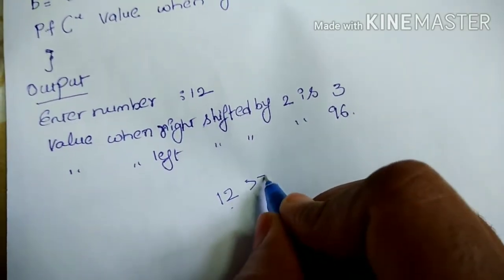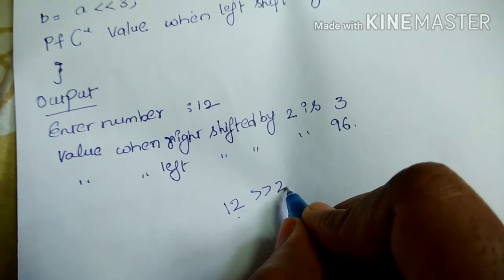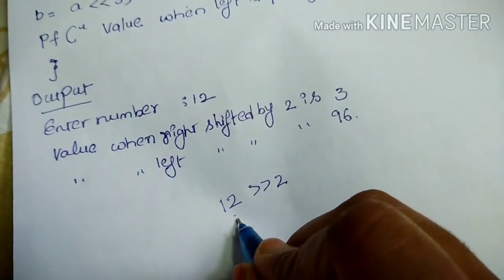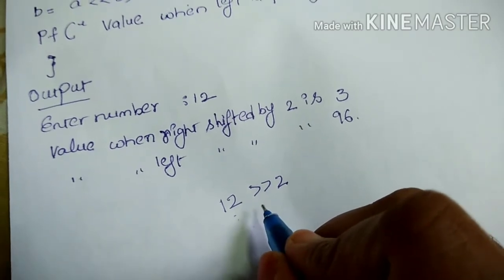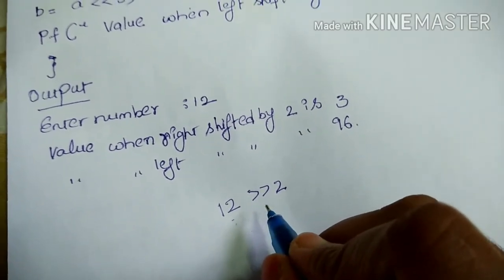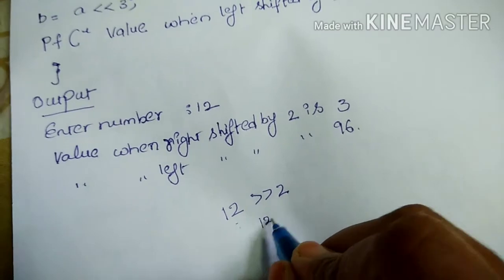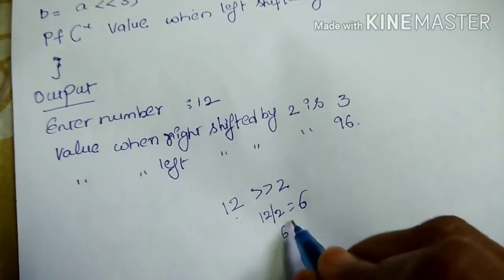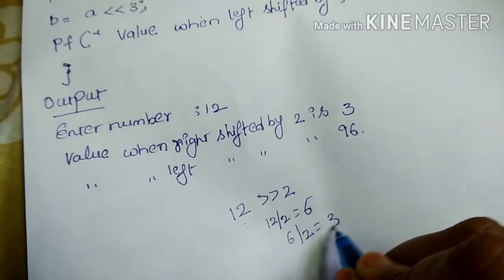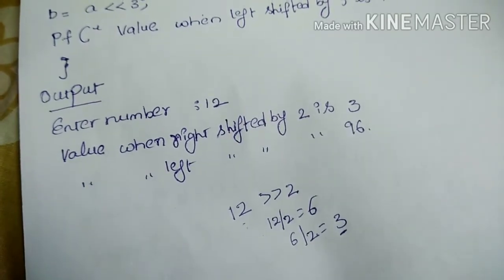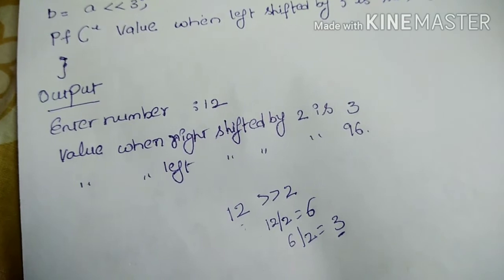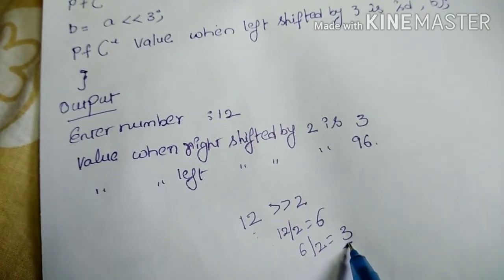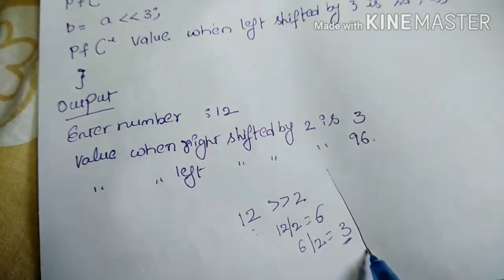Right shift the value by 2 means, in simple form, divide the value by 2, how many times? 2 times. So 12 by 2 is 6, again 6 by 2 is 3. So shifted 2 times to the right, the value after right shift is 3. This is the right shift operation.